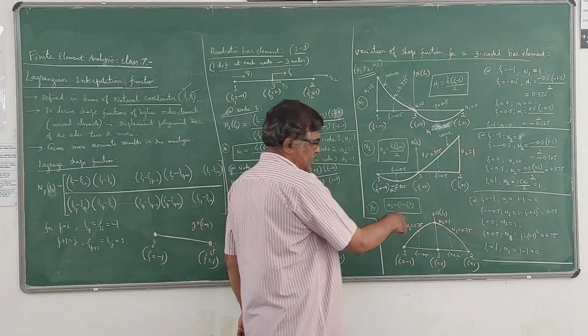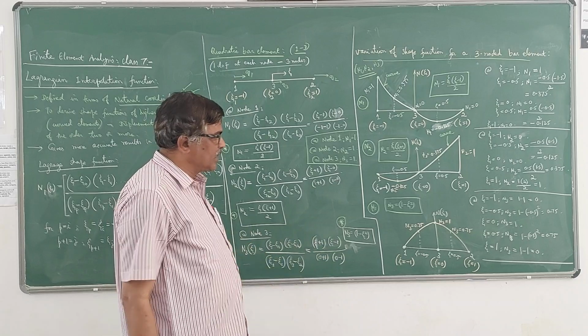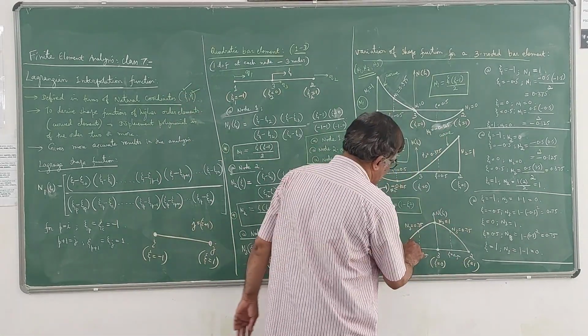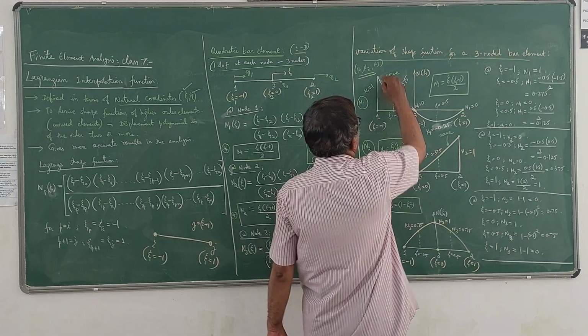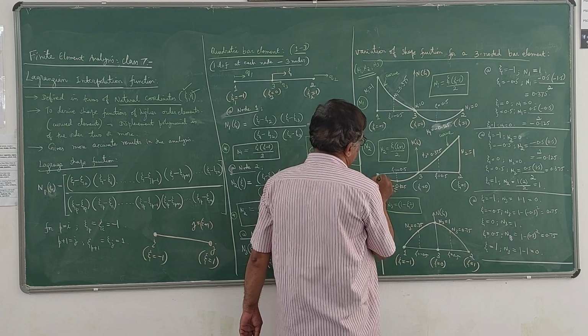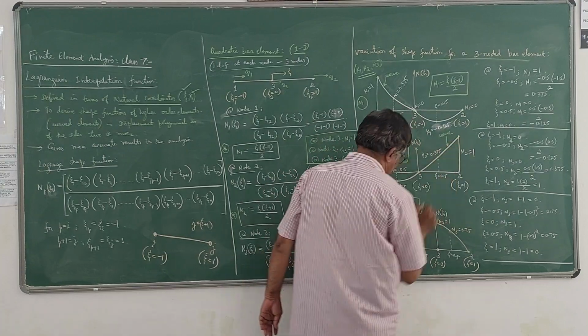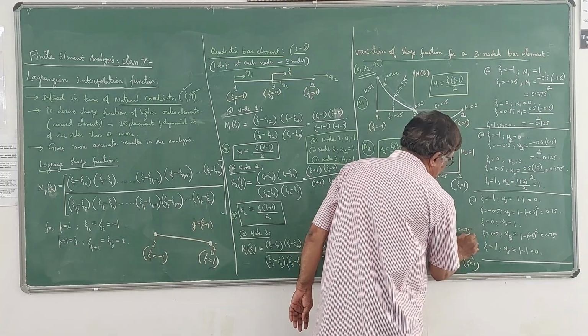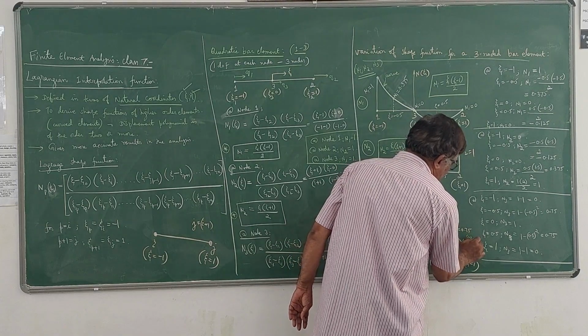Of course it is symmetric about the vertical axis. So this is the n3 shape function. The n1 shape function will be like this, the n2 variation like this, and n3 like this. All are parabolic because they contain a zeta square term.